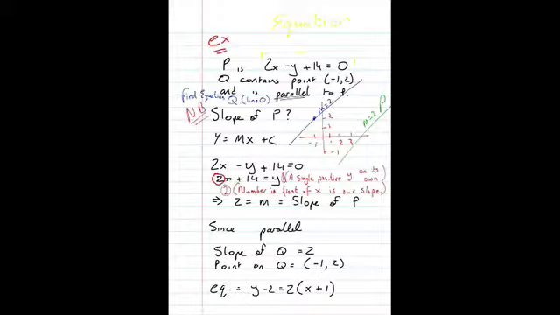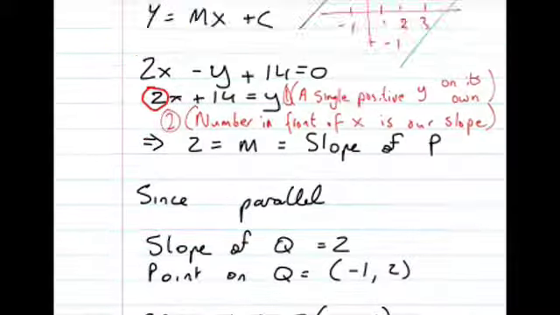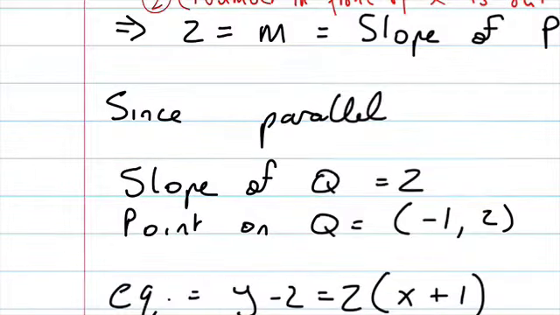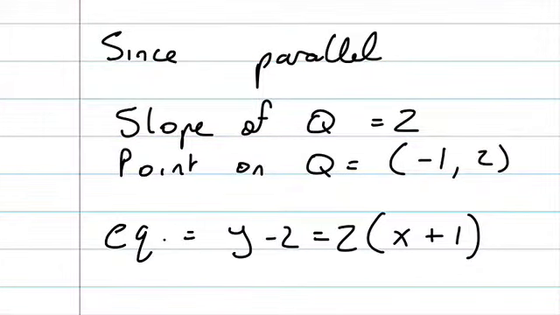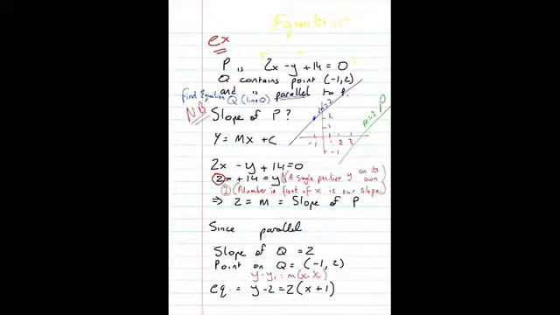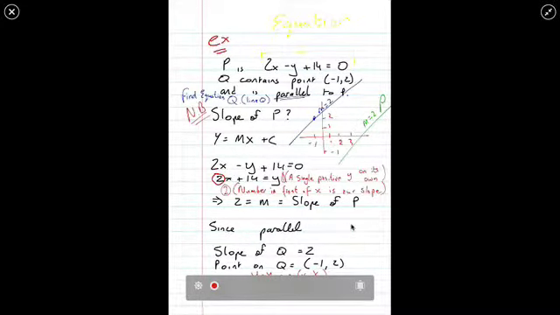I see equation, so I write down the equation of the line here. So I have y minus y1 equals m(x minus x1). Where did that formula come from? It came from the log tables.